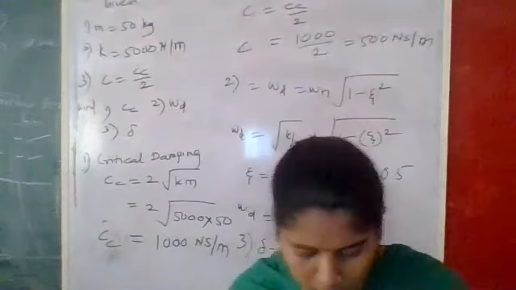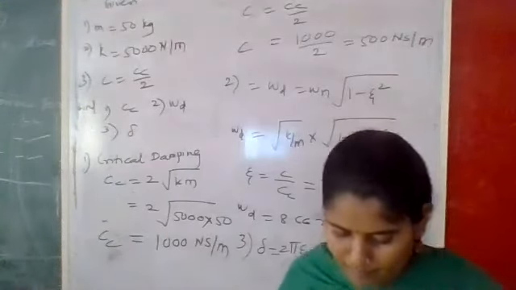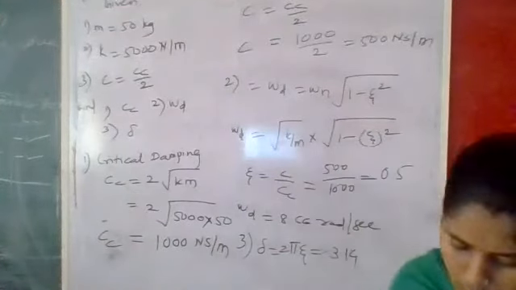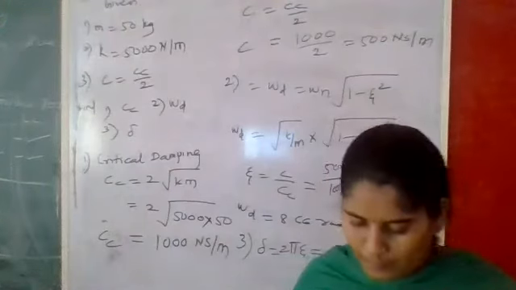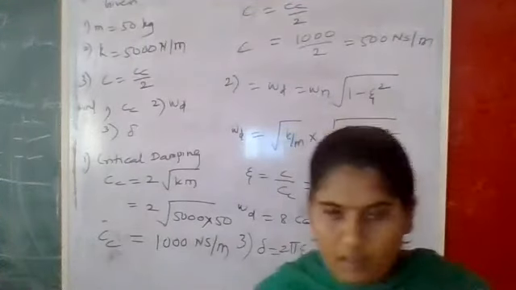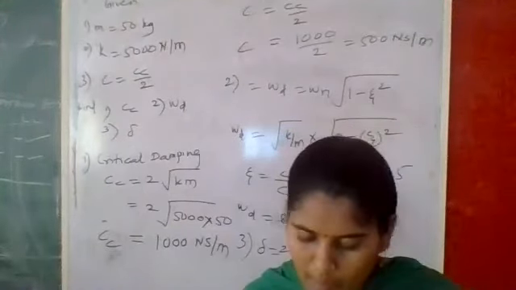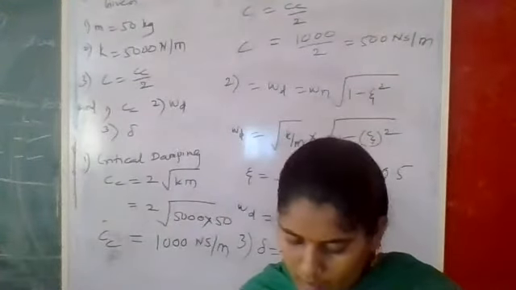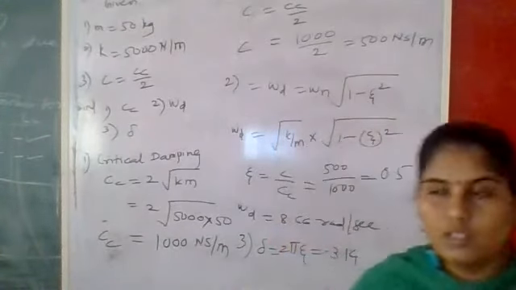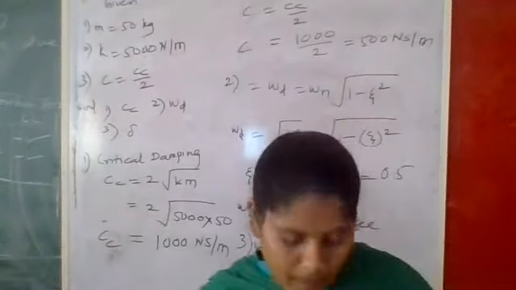Write down. For a single degree of freedom system, define natural frequency of vibration and damped natural frequency of vibration.